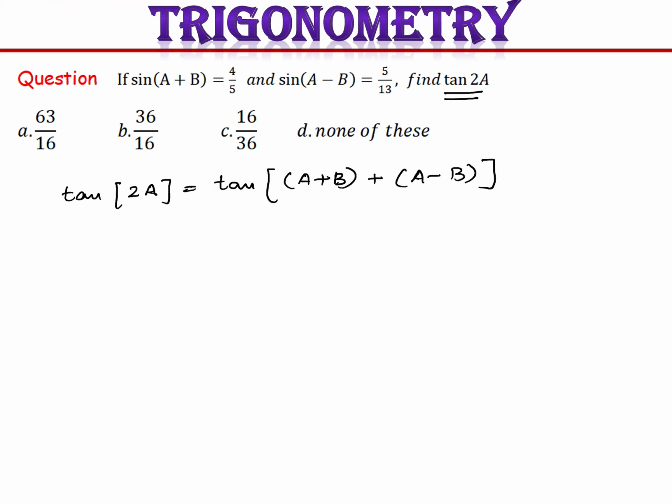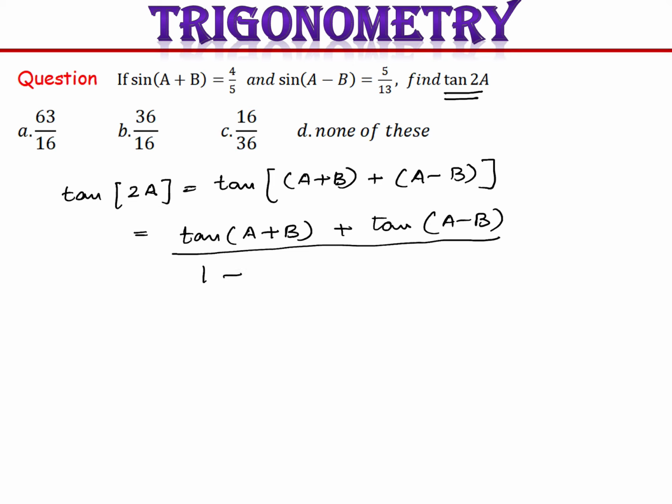Now apply the formula of tan: tan (A plus B) plus tan (A minus B), whole divided by 1 minus tan (A plus B) into tan (A minus B).